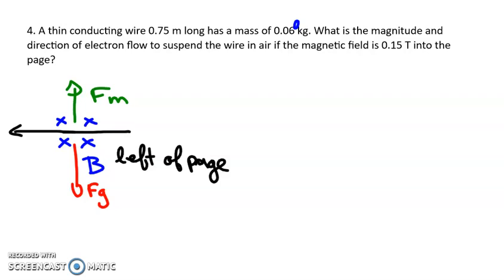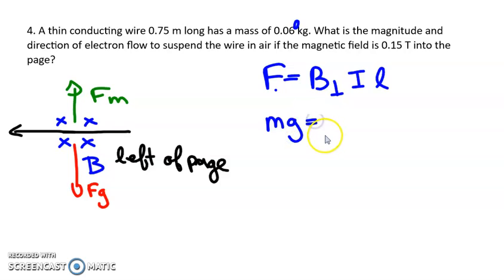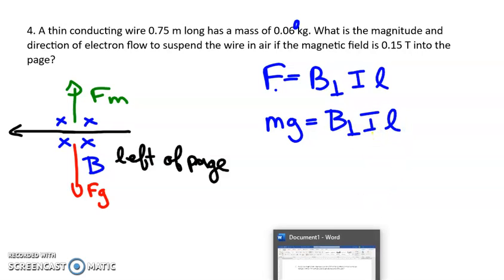And now we need to calculate the actual amount of current. In this case here, we know that the force is going to be equal to, again, BIL, but that magnetic force is equal and opposite to gravity. So really, I'm just going to substitute an mg for the magnetic force.